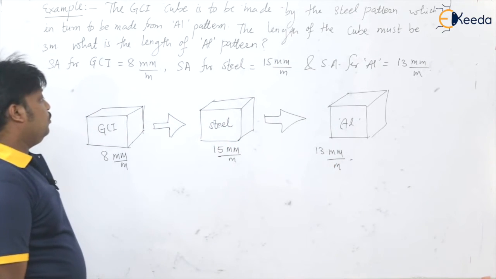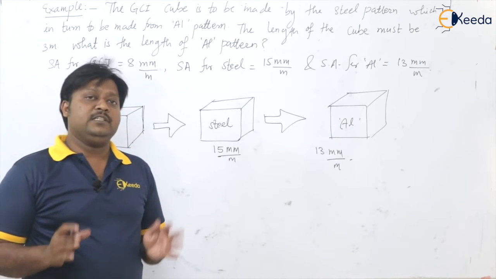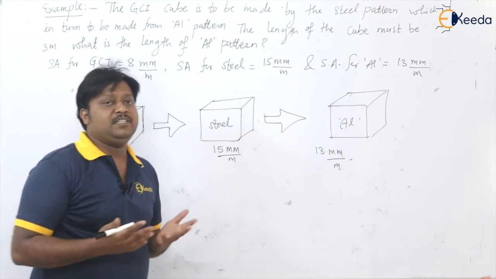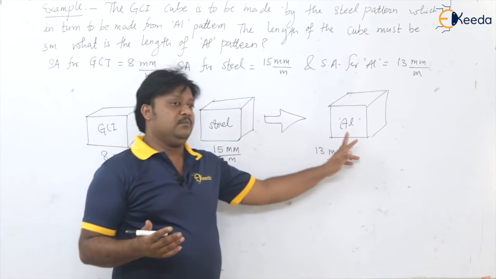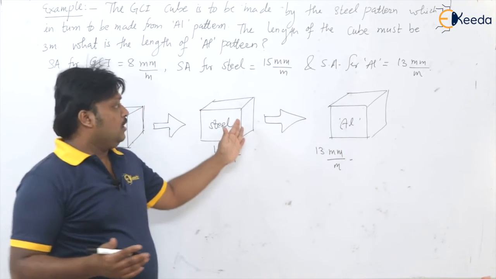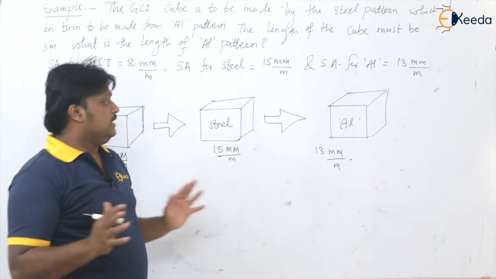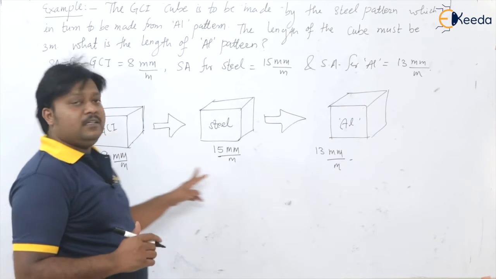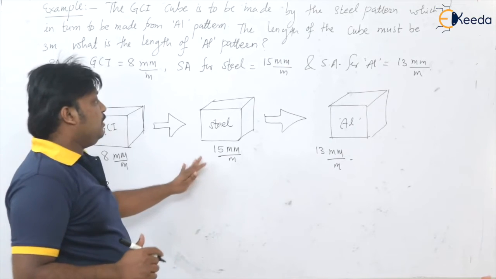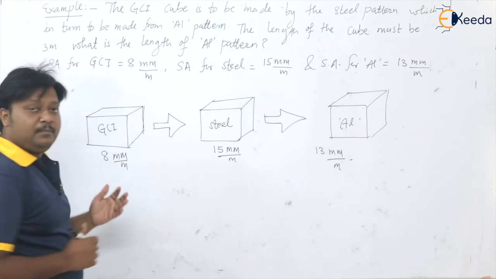As I told you, whenever we are using metal as a pattern material, we have to provide double the allowance on the master pattern. Here you can see the master pattern is the aluminum. You can go ahead and also make this aluminum pattern using a wooden pattern. The thing is that we have to just add the allowances here, and all together we have to give it on the master pattern.